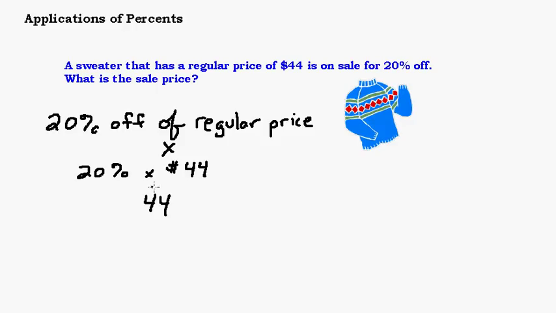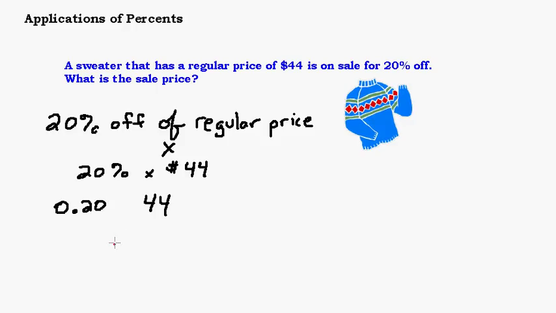So when you're taking a percent and multiplying it by something, you need to change it into its decimal form. Now 20% means per hundred. That's what percent means, per hundred. So when we change this to a decimal, we want to think of this as 20/100ths, and 20/100ths is written 0.20.